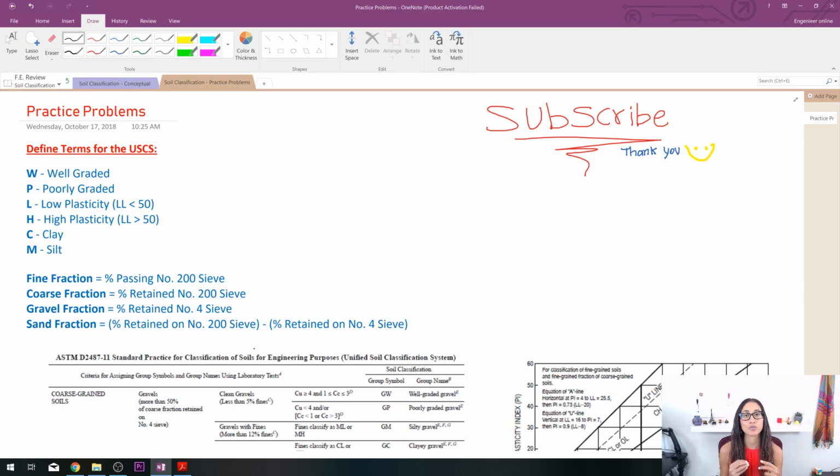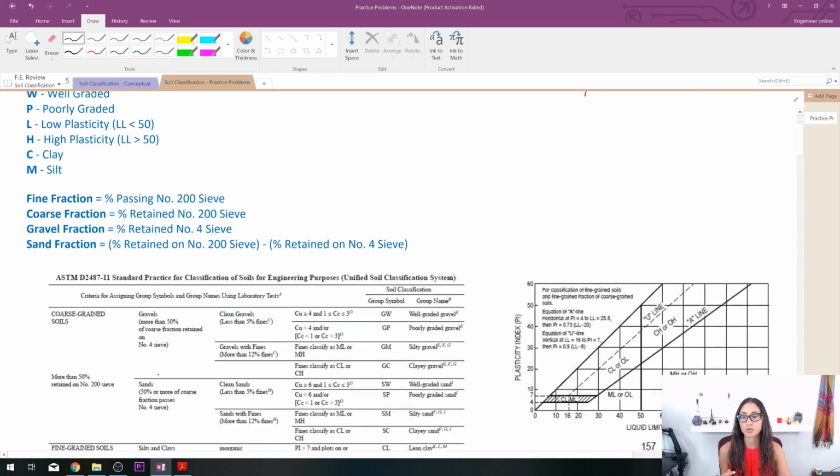First, I would like to go over some terms that I think it's important to understand before we start solving the problems. If we look at the USCS table, here we have the group symbol. It tells you GW, GP, but it's important to really know what these stand for.